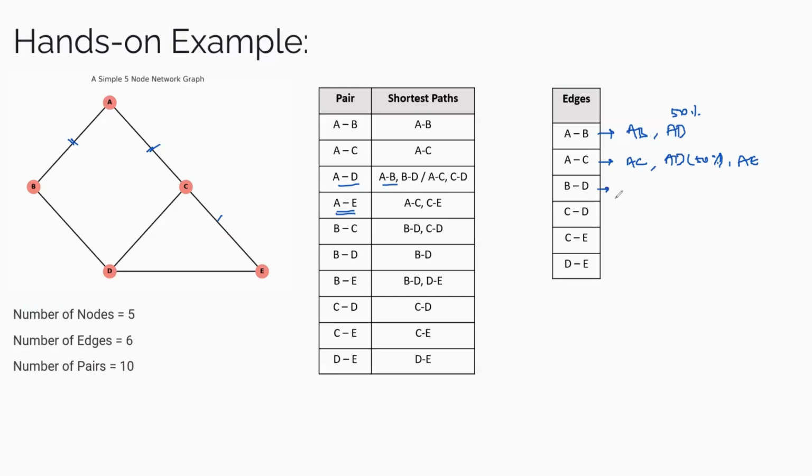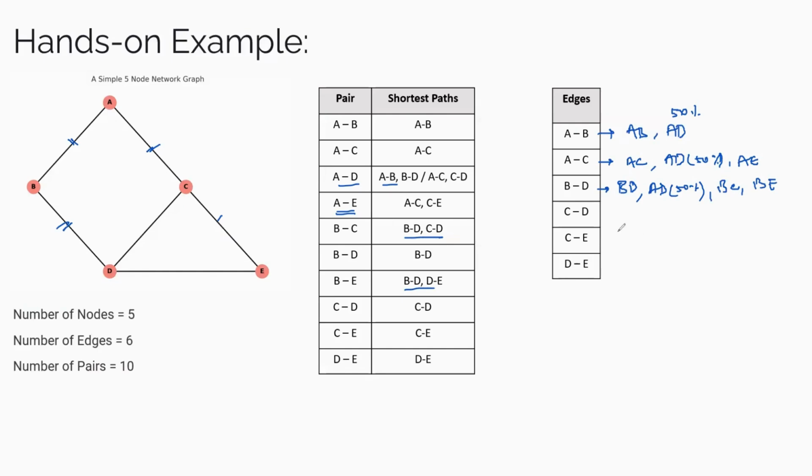Then between B and D, BD is appearing directly, of course, BD connection. Then AD, I'll take 50% connection. But it is also occurring in BC connection. And it is also occurring in BE connection. So multiple paths are there here.